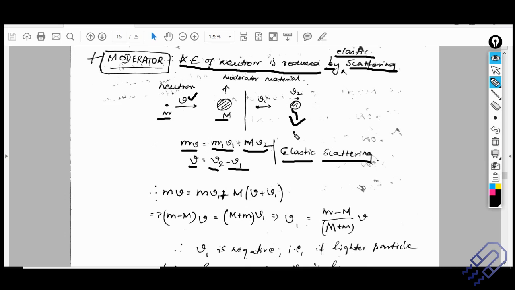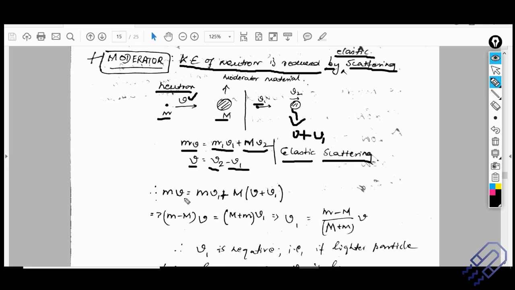So the velocity of the target, if you look into the equation, is v plus v1. V was the velocity of the neutron, and the velocity of the neutron after scattering is v1. So this is the total velocity v2. This is what elastic scattering is all about, right?